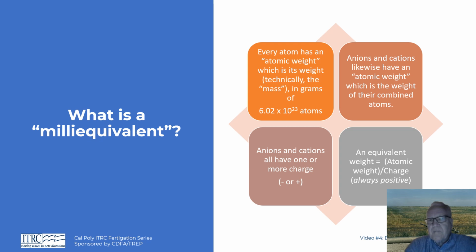So sulfate, which is an anion, has an atomic weight, and that's the weight of their combined atoms. So then on the bottom right here, you combine these ideas. There's a certain weight to a particle, and all the particles have different weights, and there's a certain charge. And the equivalent weight is the atomic weight of that particle divided by the charge, and it always turns out to be a positive number.